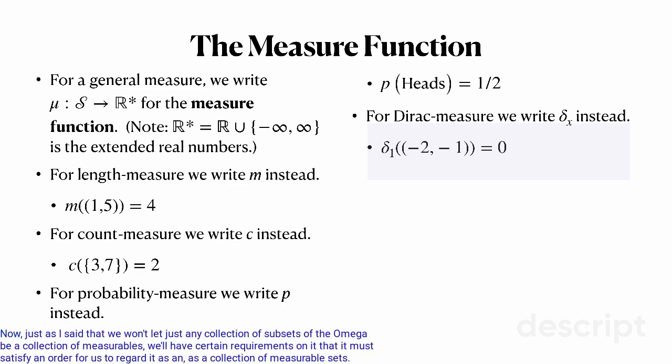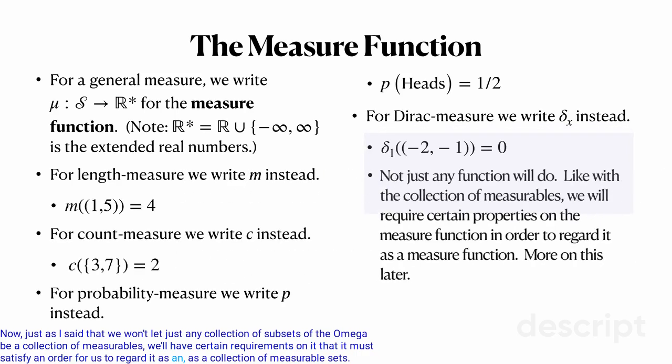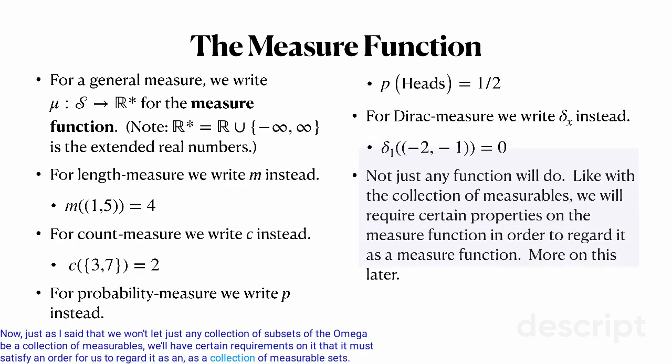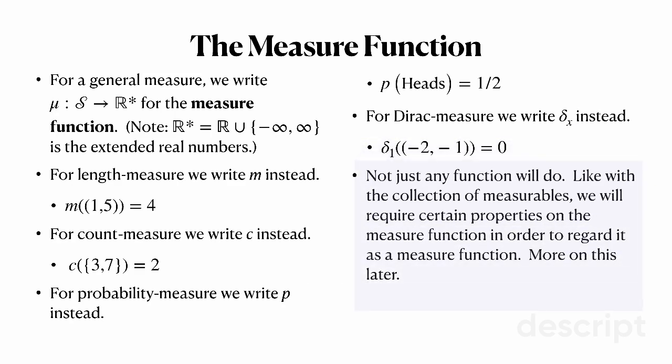Now, just as I said that we won't let just any collection of subsets of omega be a collection of measurables, we'll have certain requirements that it must satisfy in order for us to regard it as a collection of measurable sets. Similarly, the measure function cannot just be any function.